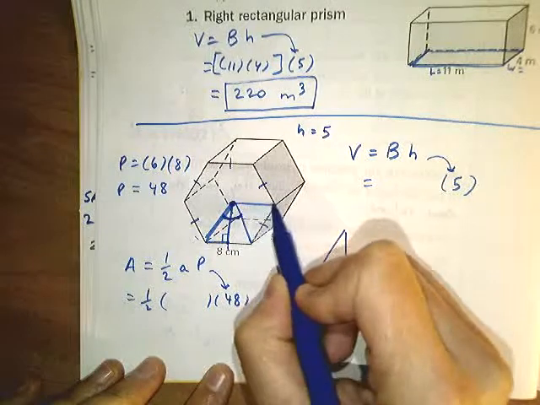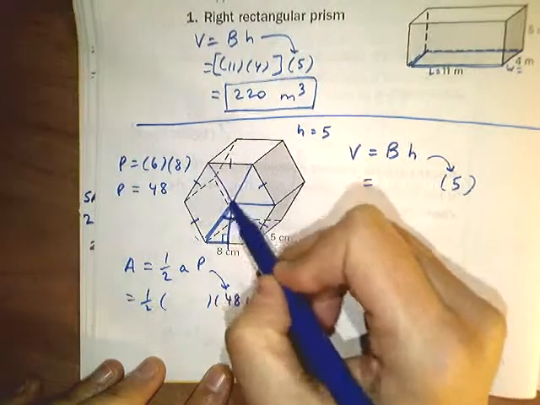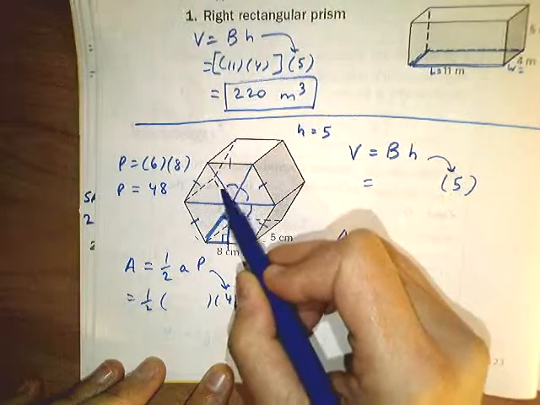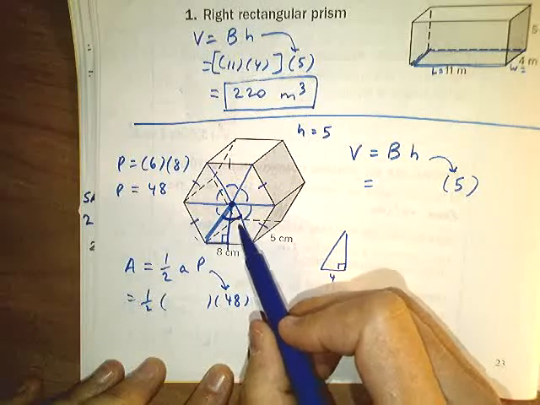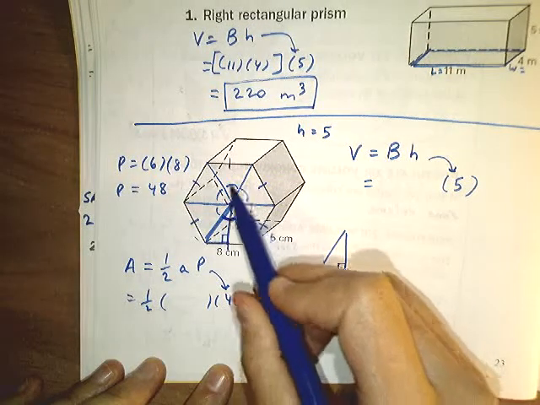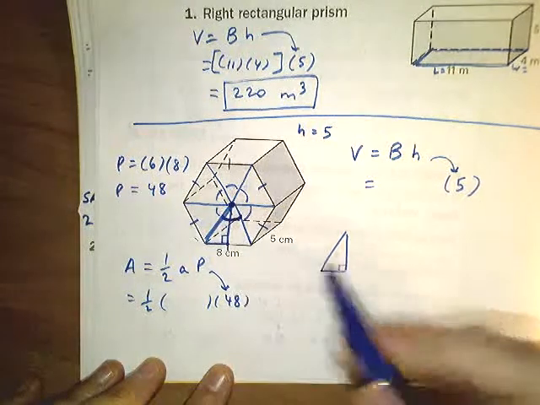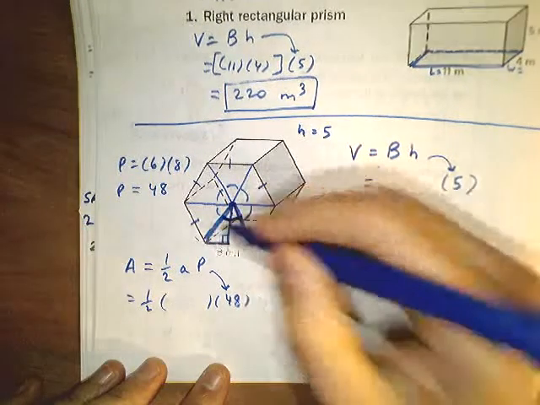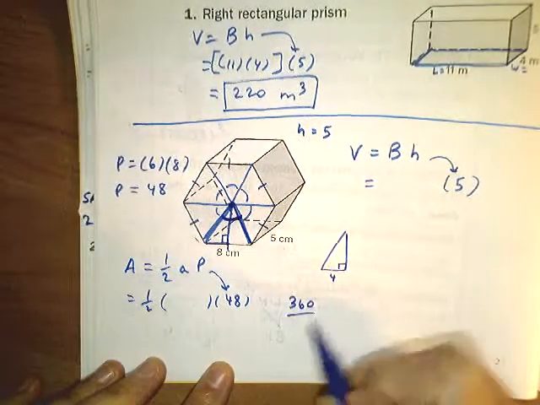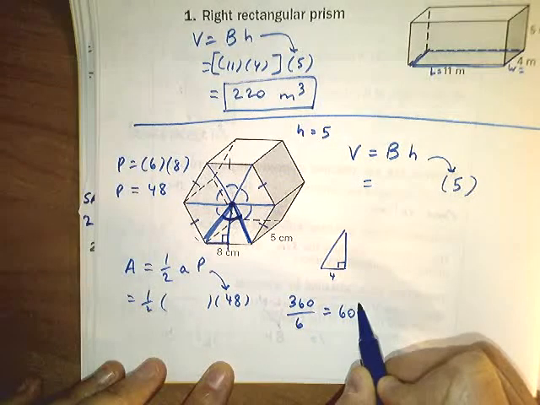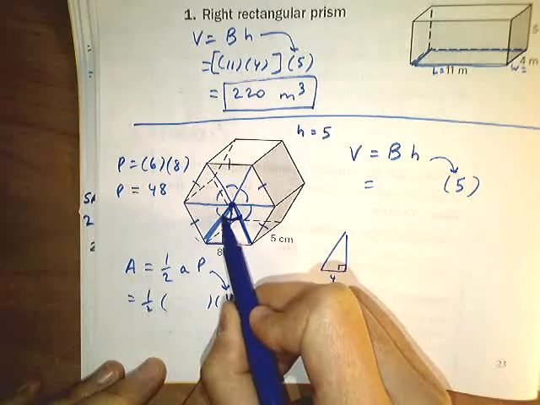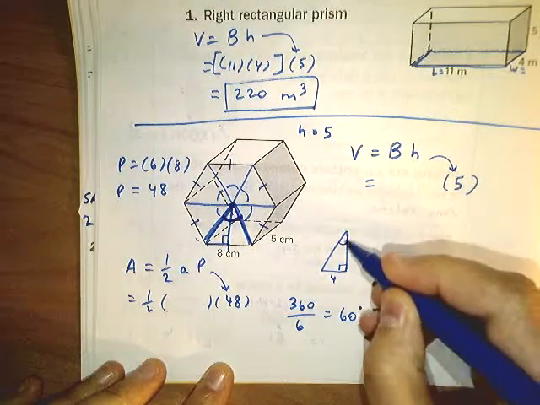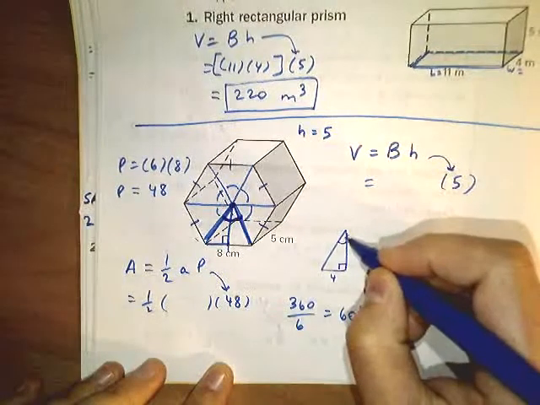If I drew in all the radii, you would see that there are 1, 2, 3, 4, 5, 6 of these central angles inside this circle, and they're all congruent. So to find the central angle, I could take 360 and divide it by 6 to get 60 degrees. But on my triangle, this little angle up here is half of that. So that's why this angle up here is 30.